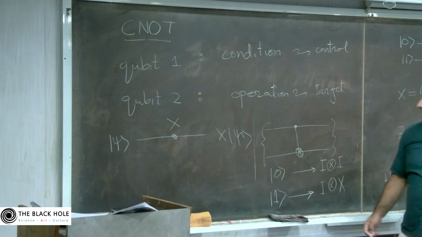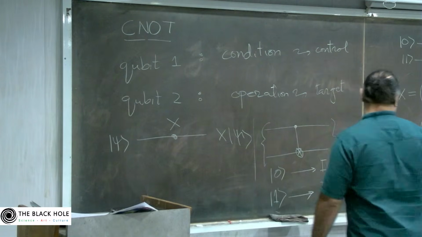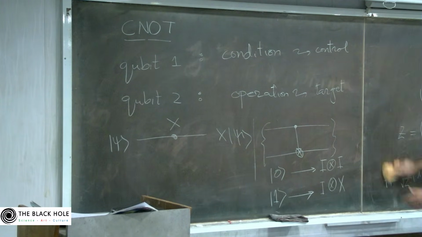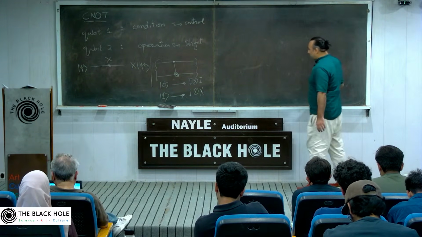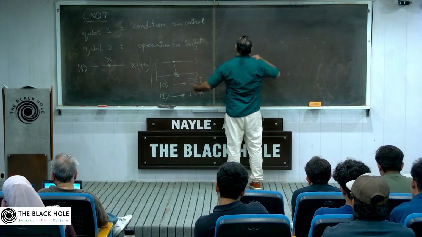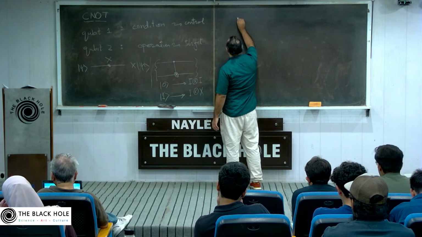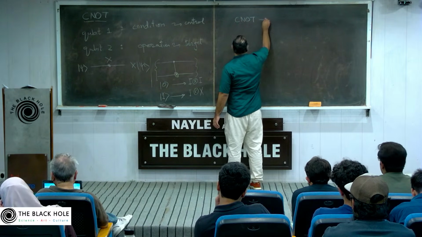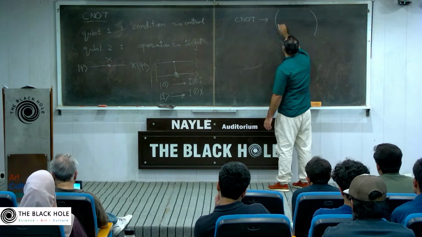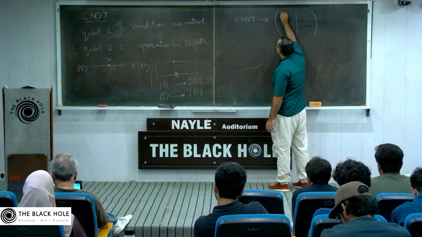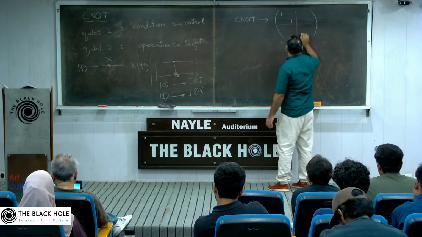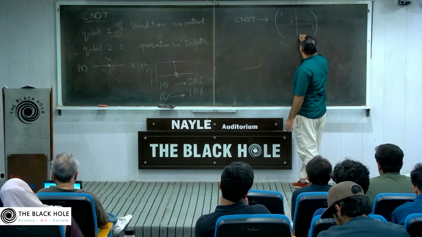And now we can write it as a matrix in the 2 qubits Hilbert space. That would be a 4 by 4 matrix. Let me do that as well. That would basically summarize the whole information that's in here. So this C-NOT is basically this. For the first qubit you do nothing, for the second qubit you flip it.